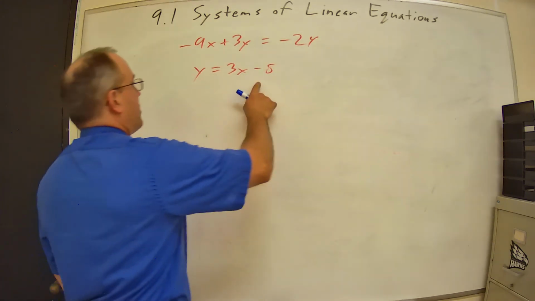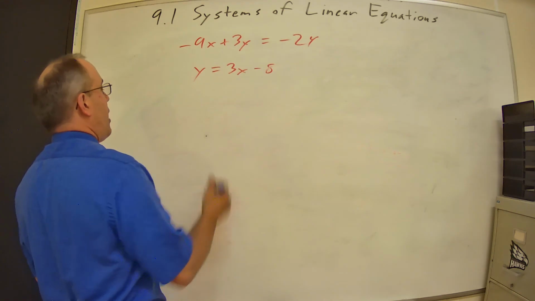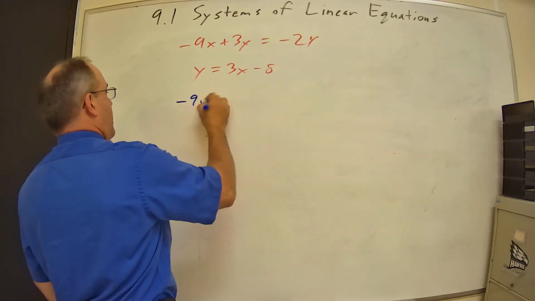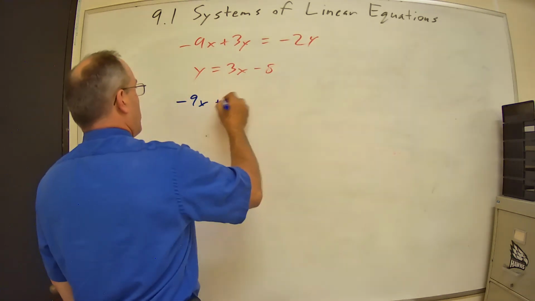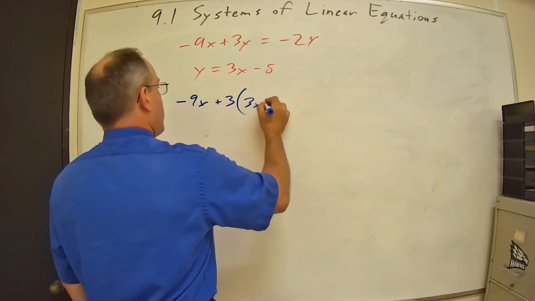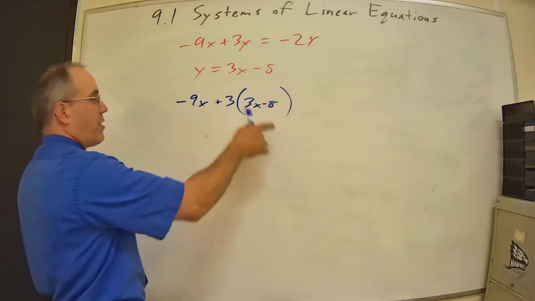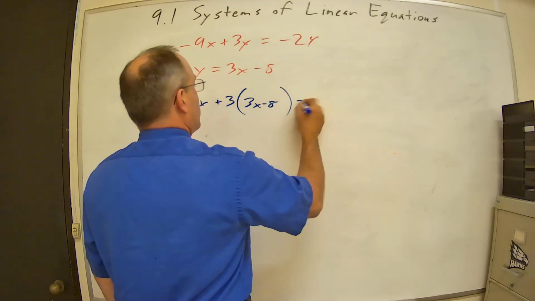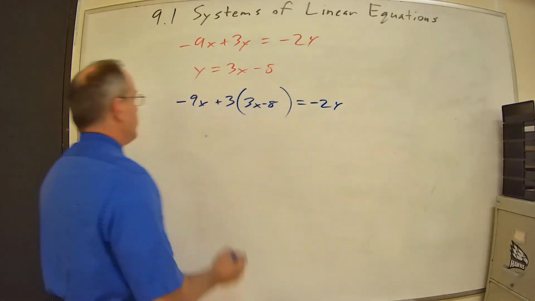So I'm going to plug this into the first equation in place of y. So negative 9x plus 3 times 3x minus 8, don't forget your parentheses there, is equal to negative 24.